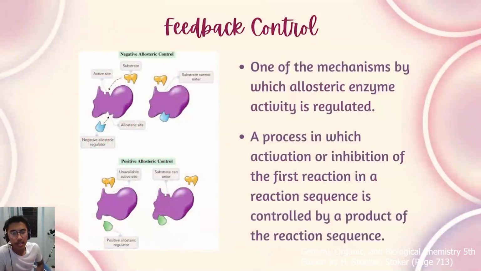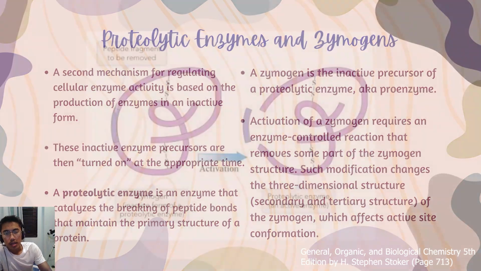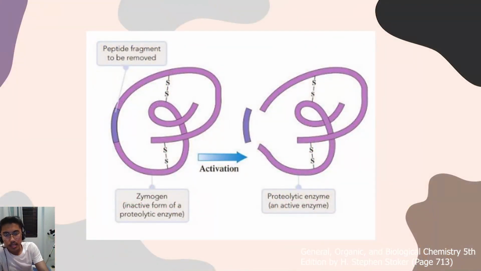Next slide, the feedback control. That's how the whole process is done. Next slide is what I mentioned earlier. A zymogen is the inactive precursor of a proteolytic enzyme. So these are just enzymes that are precursors to the active form. Here's a diagram.